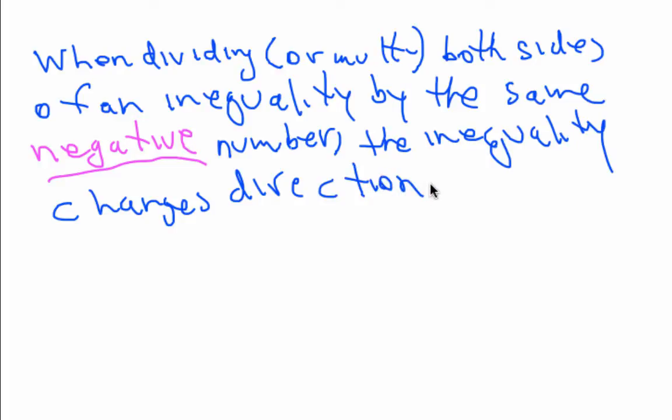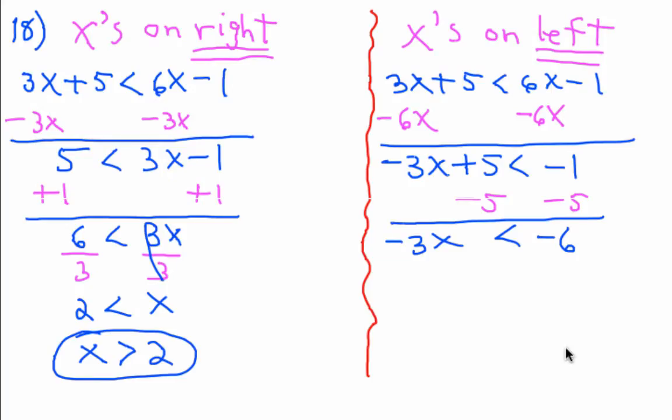In other words, if the inequality was a less than sign, then it's going to go to a greater than sign. If it was greater than, it's going to wind up as less than. So over here, since we're going to have to divide by negative 3 to solve this inequality, we're going to have to change the direction of this inequality symbol.